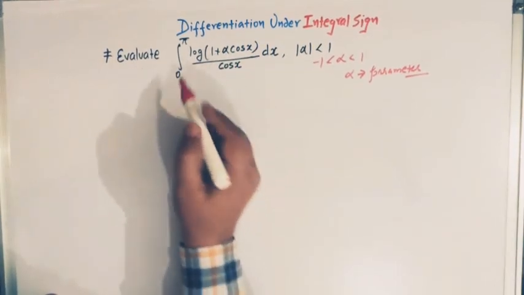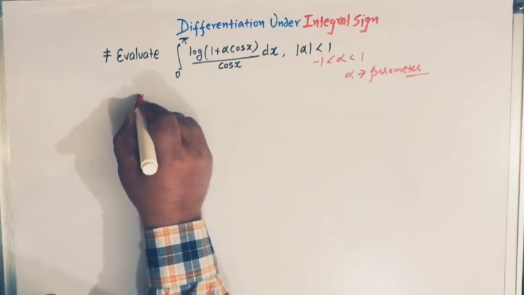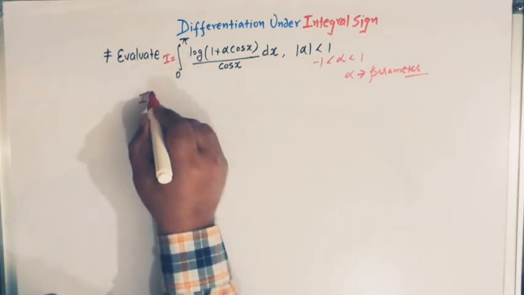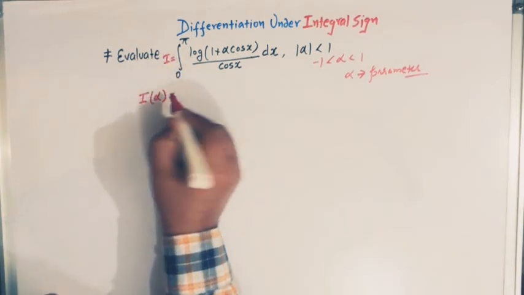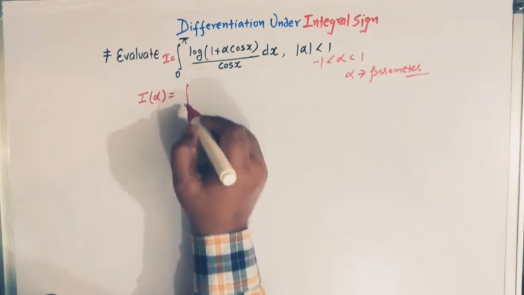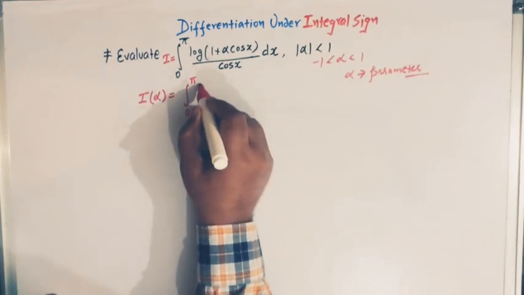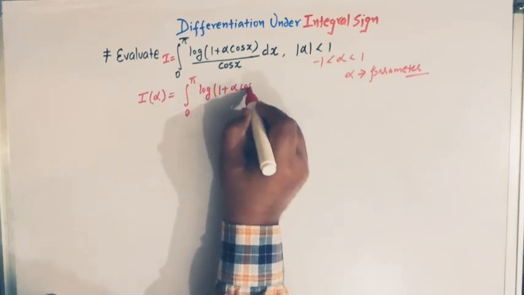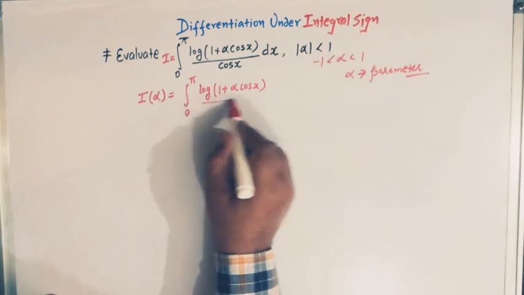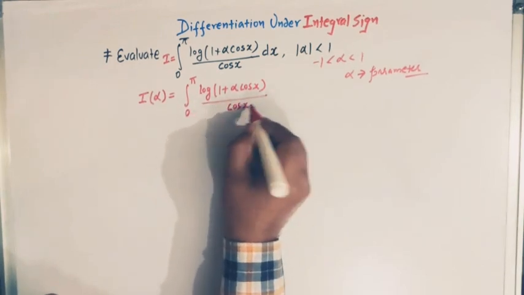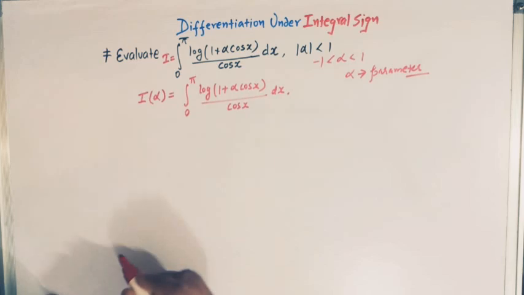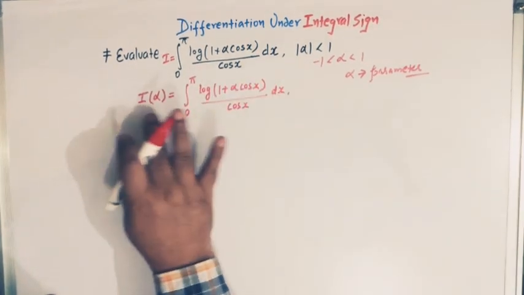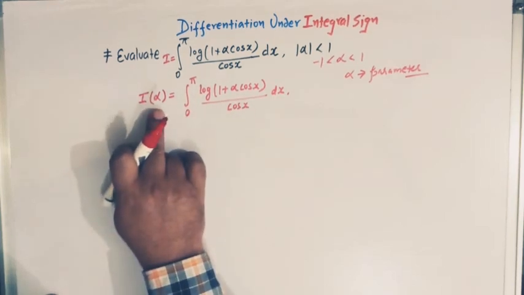So let us take this integral as I. Here if we take it as I, then I can be considered as a function of alpha, and this is the integral from 0 to pi of log(1 plus alpha cos x) divided by cos x dx. Now we are considering this integral as a function of alpha.